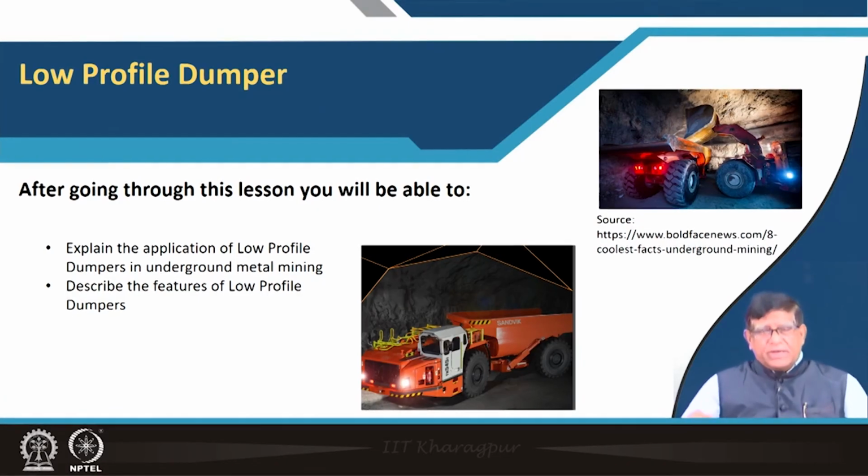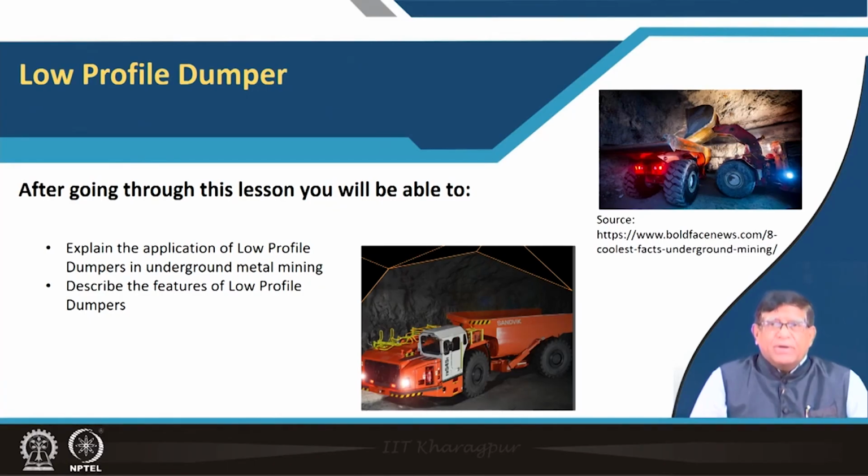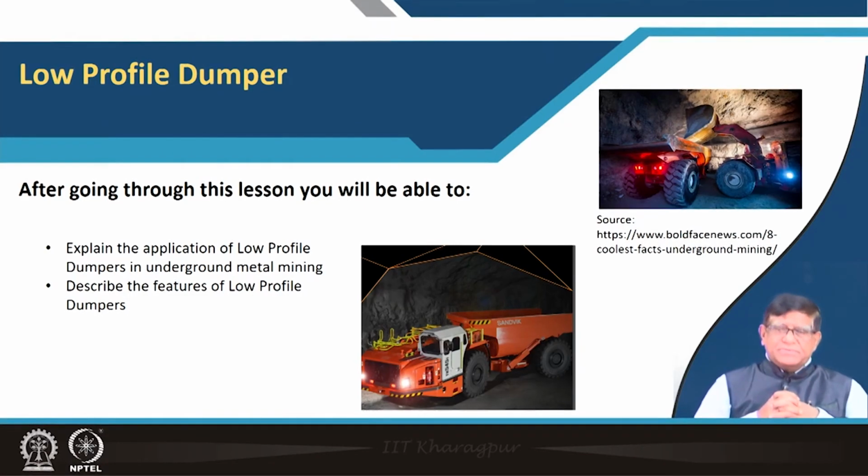Another thing you should know is that these machines are used in hard rock mining, because in hard rock mines the space that can be created underground is easier, and the gallery formed is also good for maneuvering these machines.